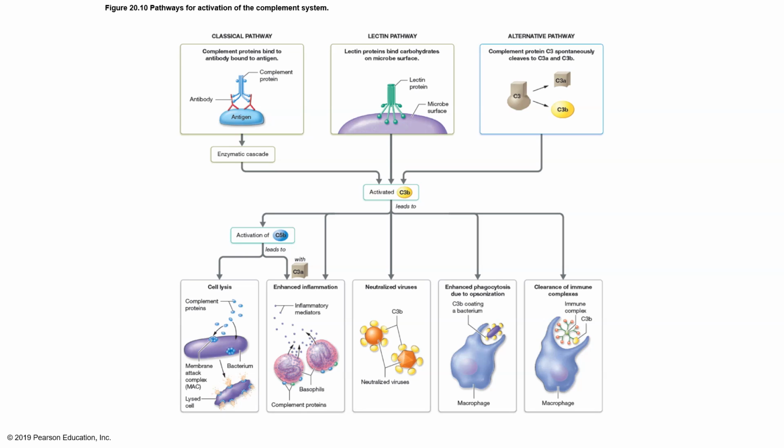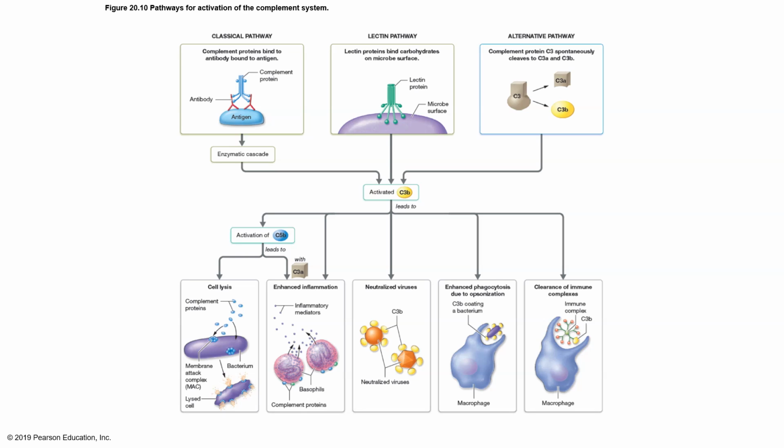Then the alternative pathway is the complement protein C3 spontaneously cleaving to C3a and C3b. These converge, and all three can activate C3b, which then leads to the activities of your complement proteins.